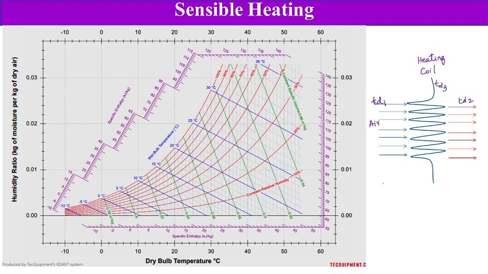Here we have to assume, first, that the temperature of air TD1 at inlet is less than the temperature of heating coil TD3, and when this air passes through the heating coil, its temperature increases to TD2.